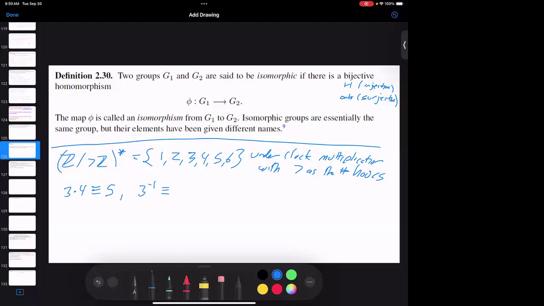What do I have to multiply 3 by to get 1? So we know it's not going to be 4. We know it's not going to be 1. 3 times 2 is 6. 3 times 3 is 9. 3 times 4, we just did. 3 times 5 is 15, which is 1 more than 14. So 3 inverse is going to just be 5.